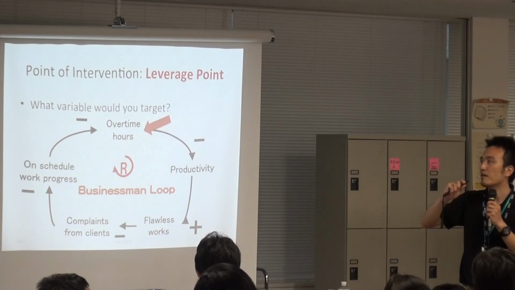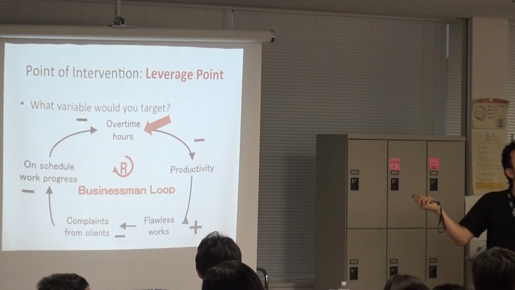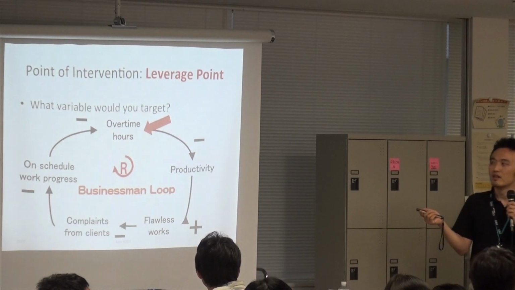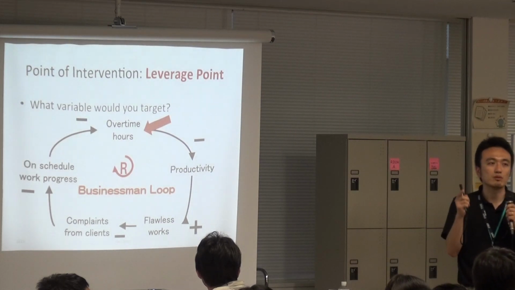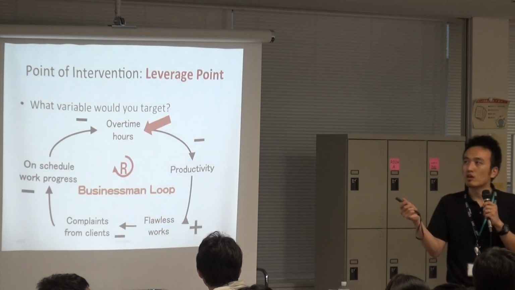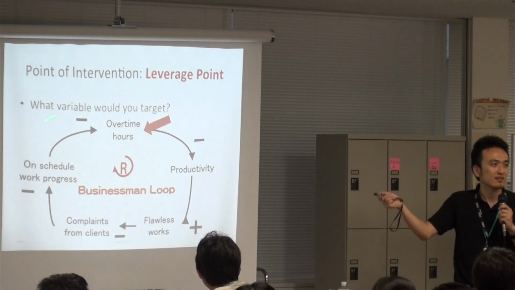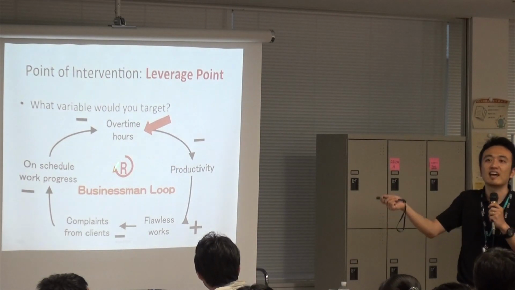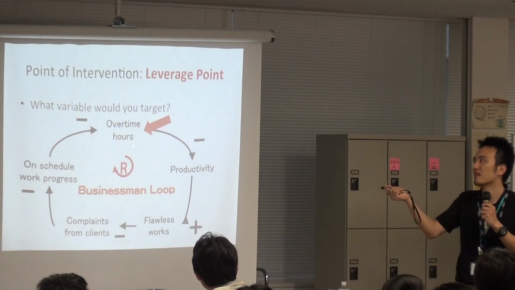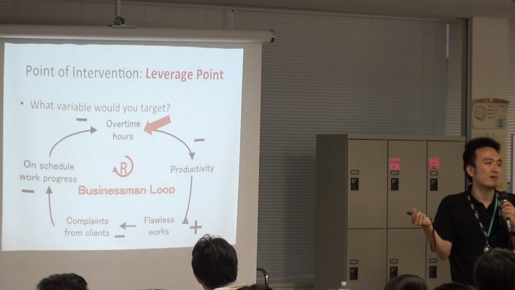So then, let me go forward. What's the use of a causal loop? So this is for you to plan, okay? For example, you kind of guesstimated this, right? An estimation and a guess. And then you say, hey, let's try to do something about the overtime hours.